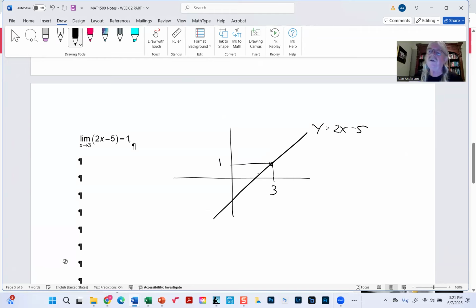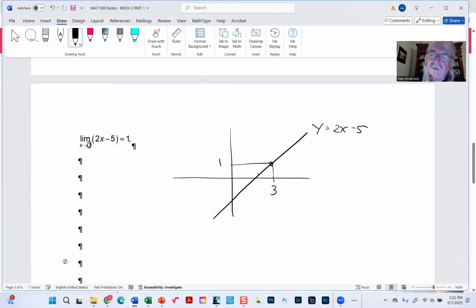Now, this is one of those cases where there are no discontinuities or anything like that. So in a case like this, to find the limit, you're literally just substituting the value that you're approaching into the function and you come up with your answer. Most of the time, that's all you have to do. You just substitute the value of x into the function and see where it ends up.